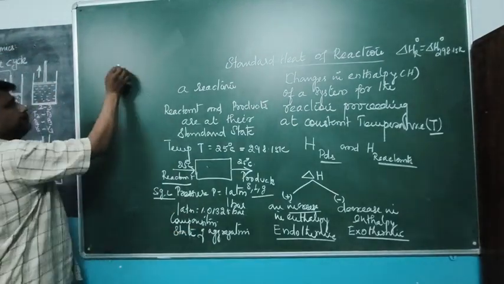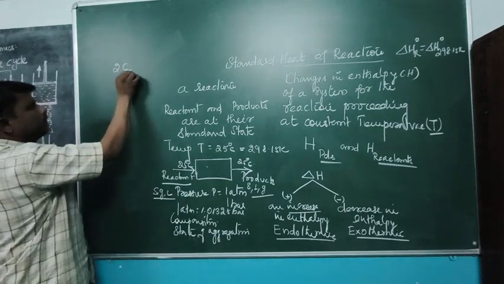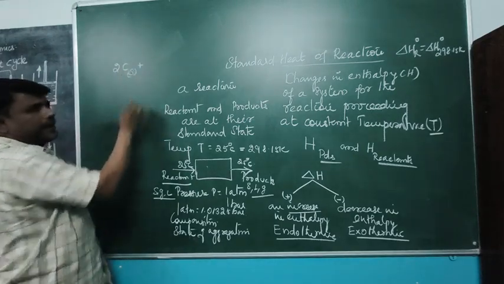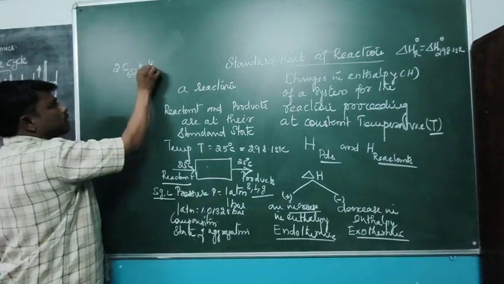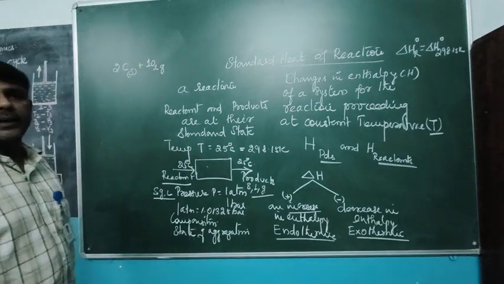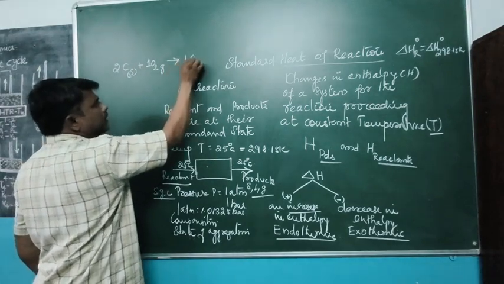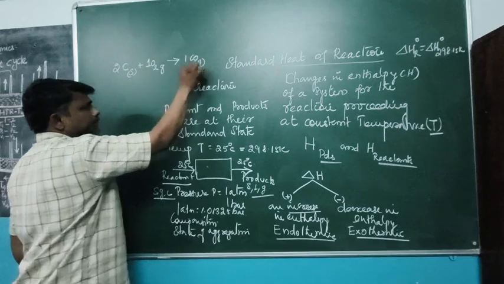For example, 2 moles of solid carbon reacts with 1 mole of gaseous oxygen, it will produce 2 moles of gaseous carbon monoxide.